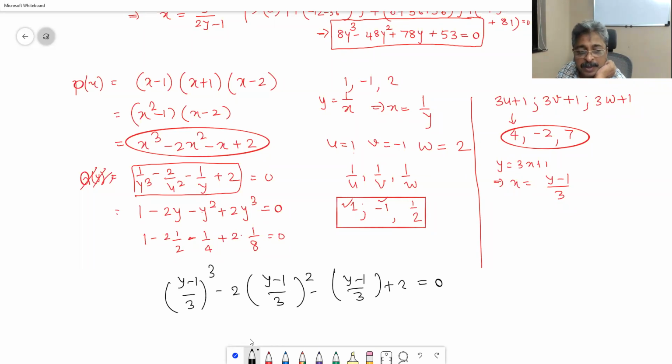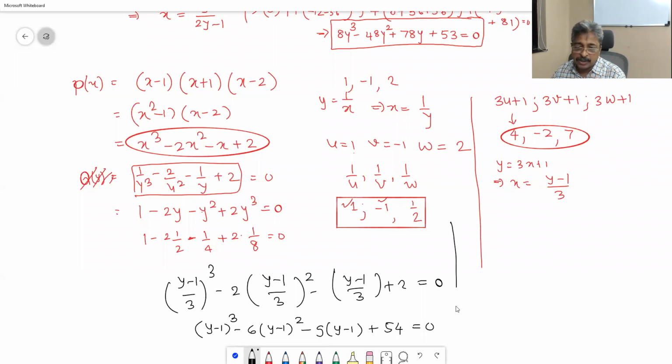Multiplying everywhere by 27, so y minus 1 cube minus 6 y minus 1 square minus 9 y minus 1 plus 54 is equal to 0.